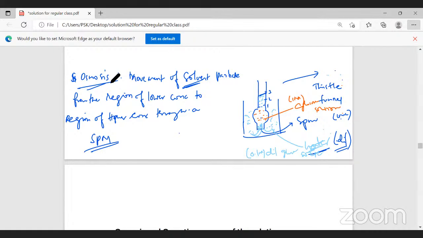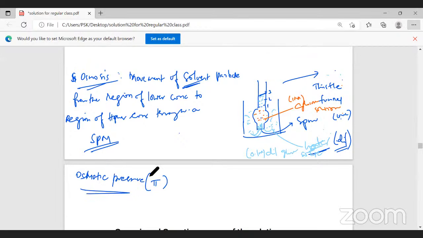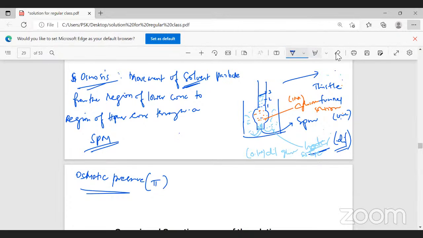Now we have to learn something called osmotic pressure. Osmotic pressure is represented by the letter pi. Now we will concentrate on the same experiment.